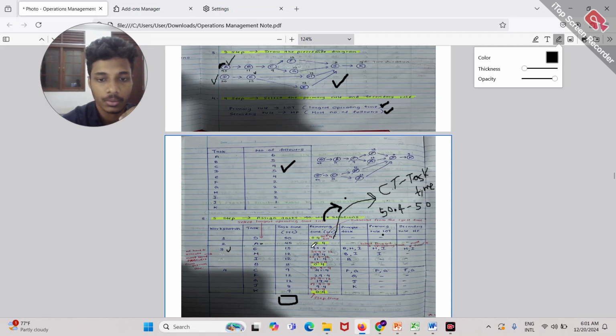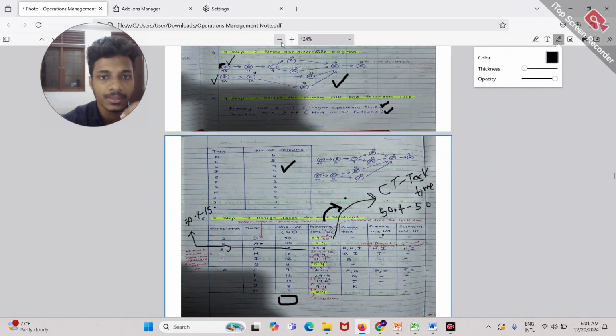So this one, right? 50.4 minus 15 is 35.4, right? 35.4.